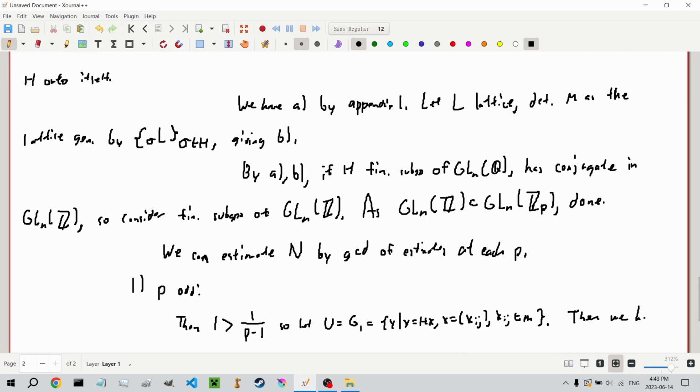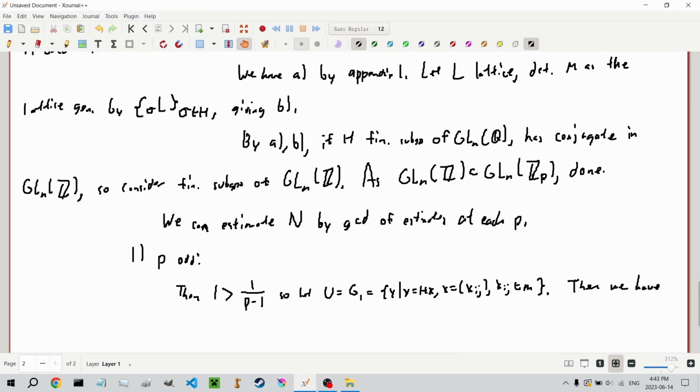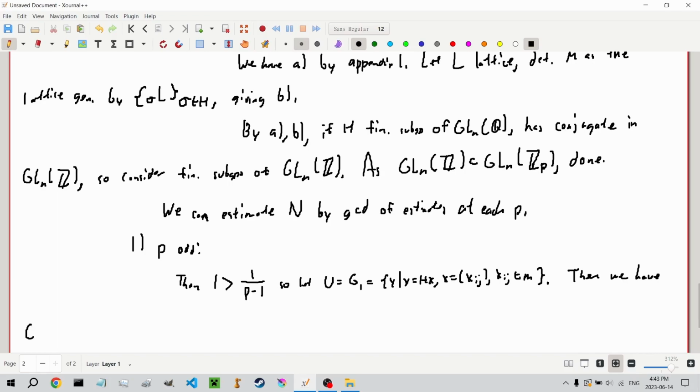Then we have GLn of Zp over U is just GLn of our finite field with p elements.